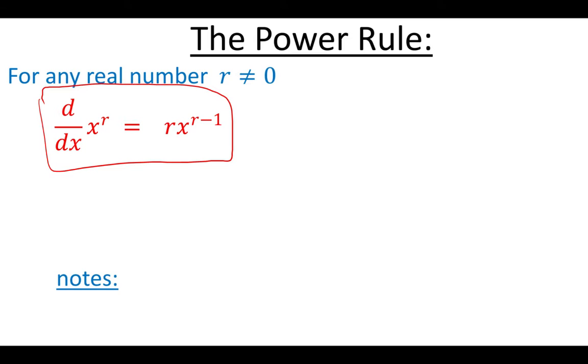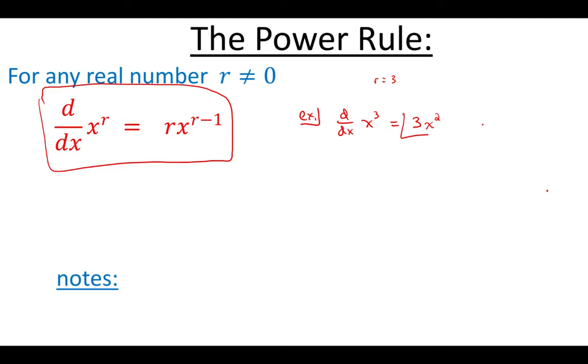What does this mean? This means, for example, the derivative of, let's say, x to the third equals, so in this case, the r is 3. It's not 0. So we write it as 3, that's r, x to the, and then we do 3 minus 1, which is 2. So the derivative of x cubed is simply 3x squared.